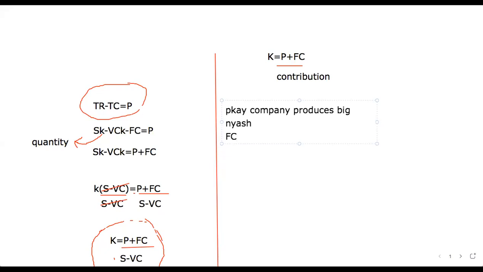Variable cost per unit is, let's say, 5, and their selling price is, let's say, 10.